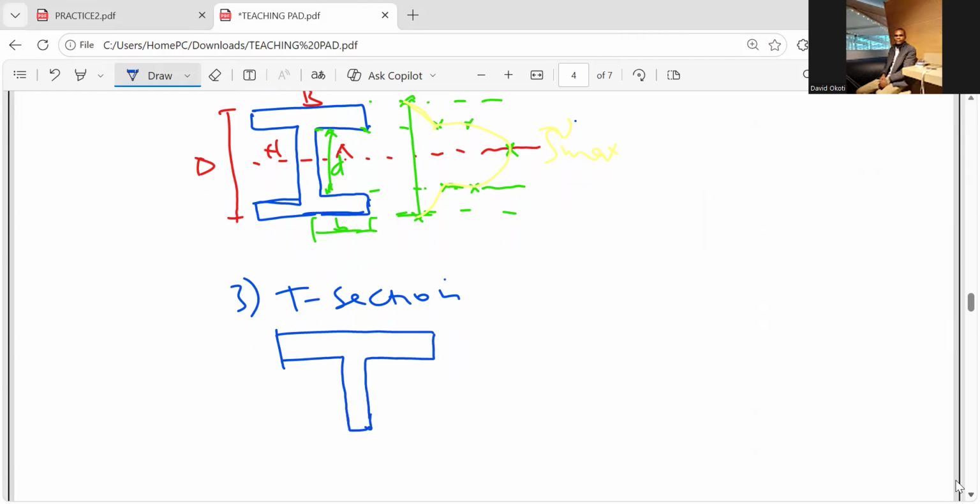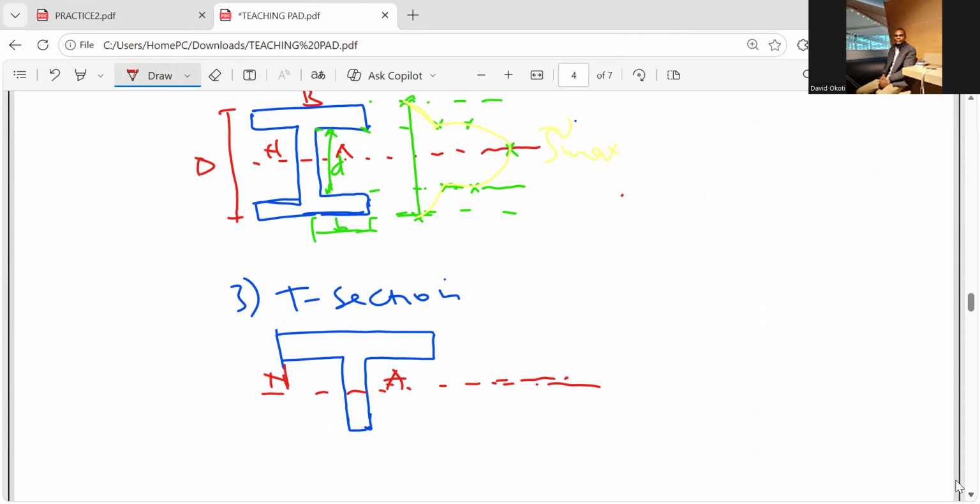So for the T section, step number 1, what do I have to do? I have to compute and know where the neutral axis is. So maybe let's just make an assumption. This is my neutral axis. We compute it by determining the value of the centroid.